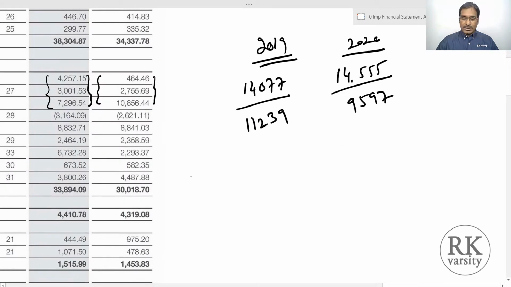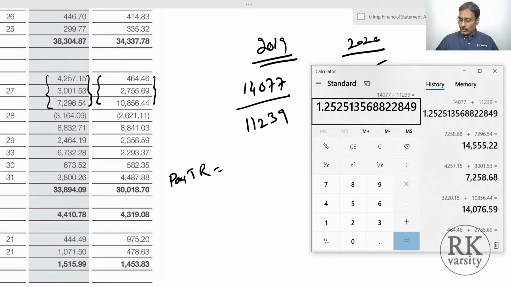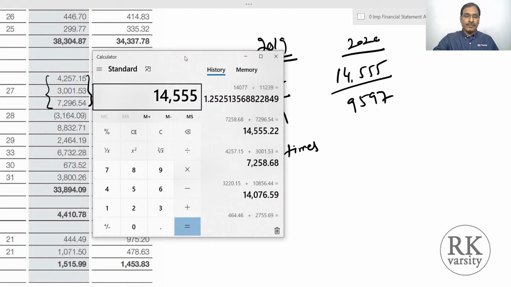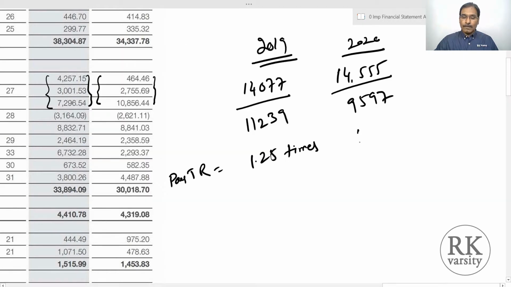So your payables turnover ratio equals 14077 upon 11,239, 1.25 times, and 14555 upon 9597, 1.51 times. So there is an increase in the turnover ratio.